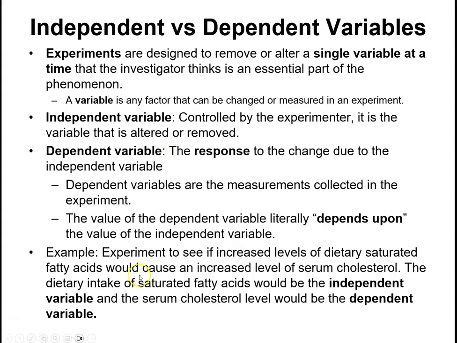So if somebody's conducting an experiment to see if increased levels of saturated fatty acids would cause increased levels of serum cholesterol, the intake of those saturated fatty acids would be the independent variable. That is what's being controlled or removed from their diet. Either it's removed or it's given in varying levels, and the serum cholesterol would be the dependent variable. That's what we are measuring to see how it changes in relation to whatever we did to the independent variable.